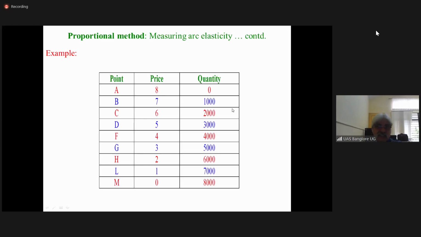So with this table, we'll try to work out the elasticity in all the three methods, arc elasticity, point elasticity, as well as the total expenditure method.